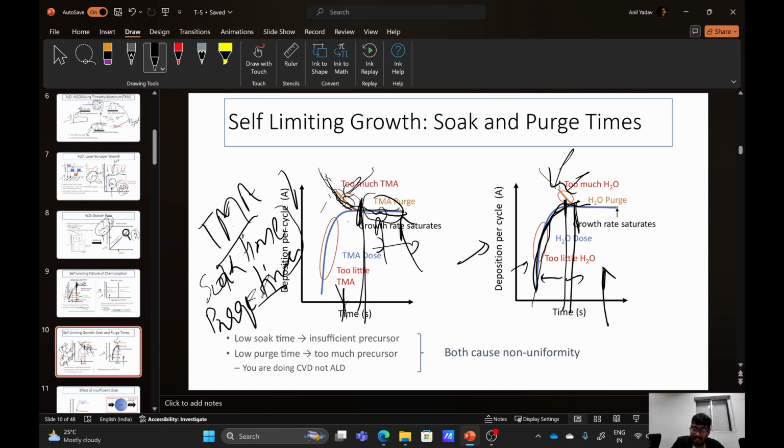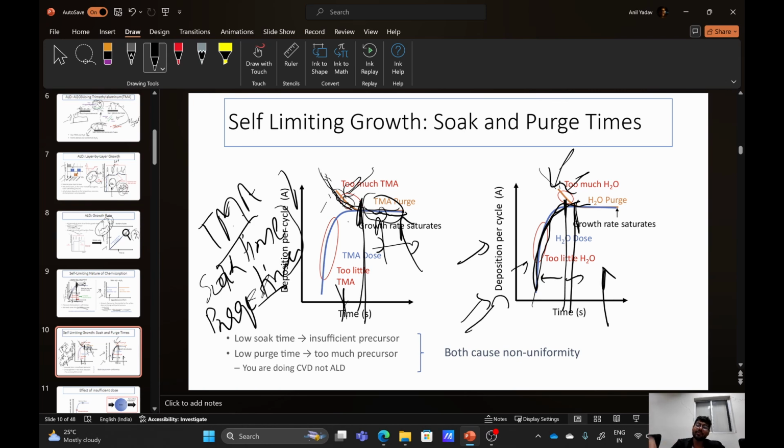The growth rate is very low compared to CVD, because in CVD the gaseous precursors are available in the chamber all the time, so the reaction is very fast because of the availability of the precursor.